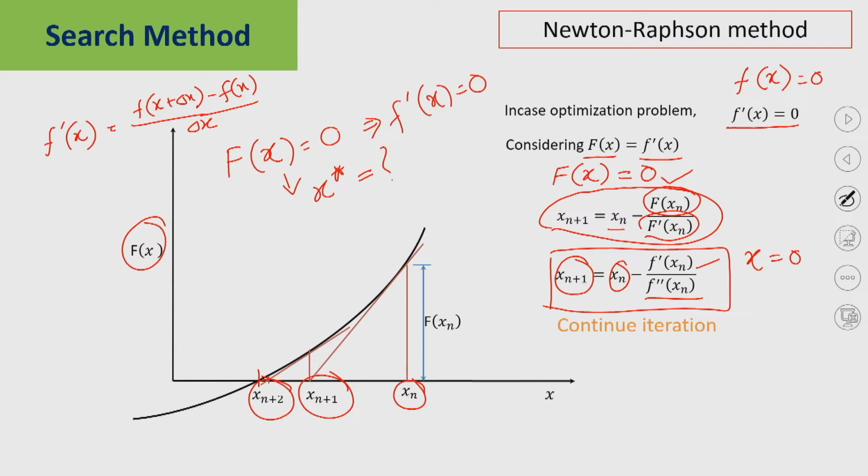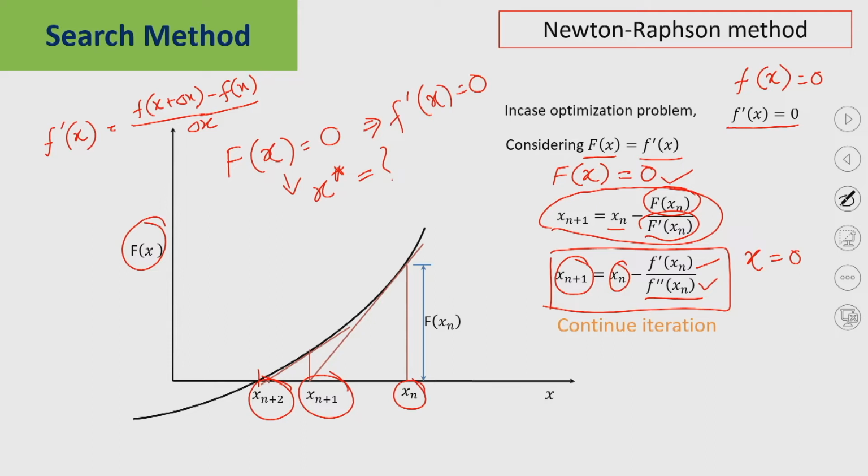Here, you need two function evaluations for calculating the derivative. Similarly, you can calculate the second derivative numerically, but you need more function evaluations. Therefore, if you compare with the region elimination technique, you have to compare how many function evaluations you need to reach the optimal solution.